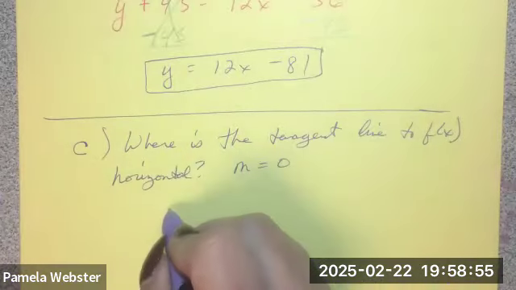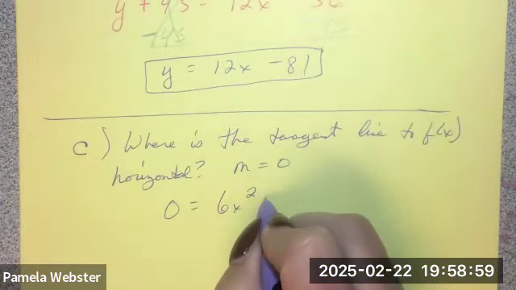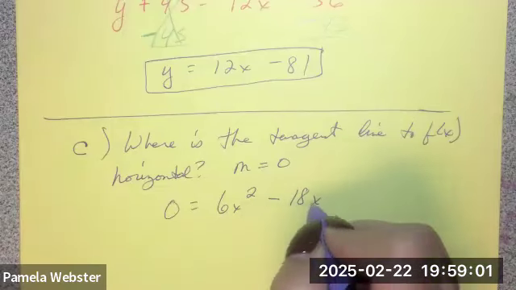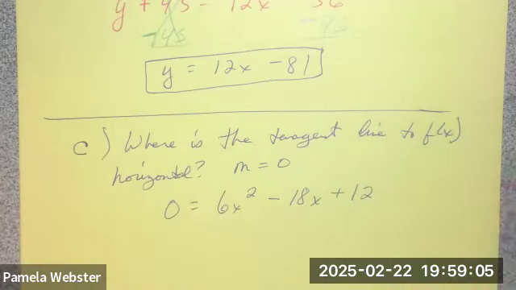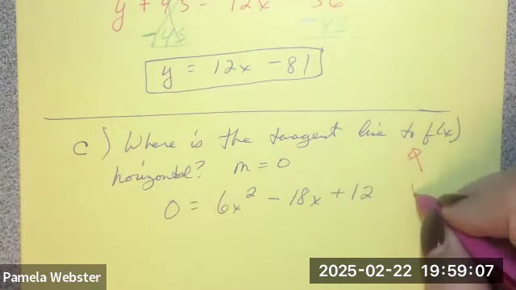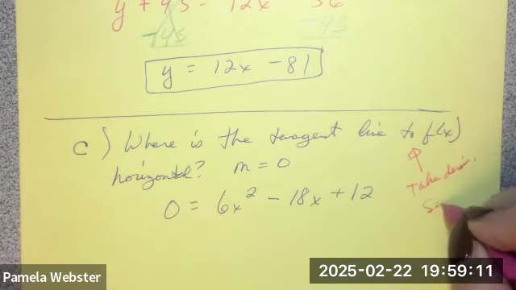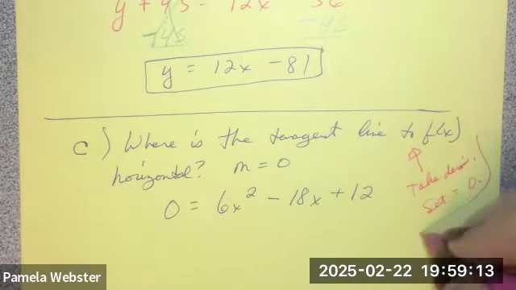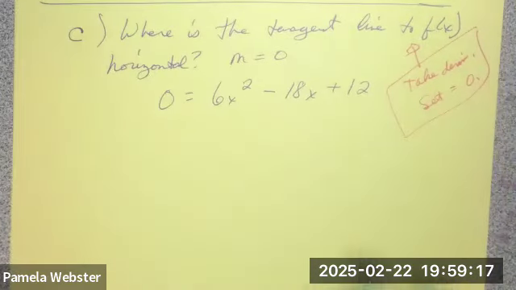And that is a concept we're going to use for a long time in this class. So start telling yourself, take the derivative and set it equal to 0. That's what they're telling me to do. Take the derivative, set it equal to 0. It's exactly what they want me to do here because I want to know where that instant rate of change is going to be equal to 0.